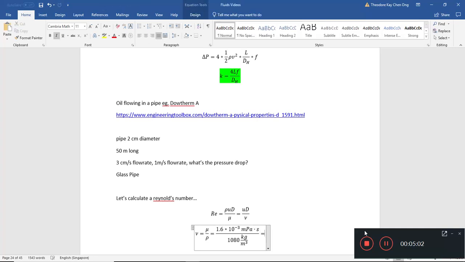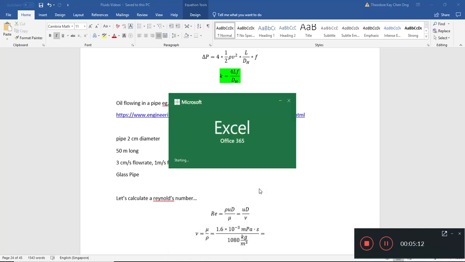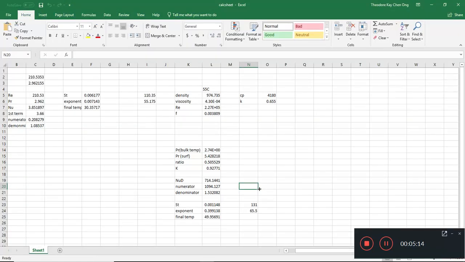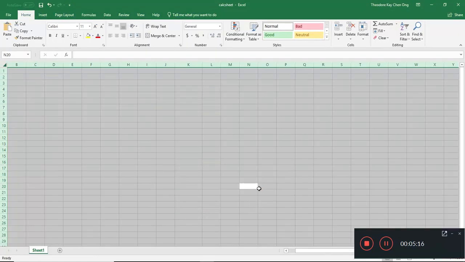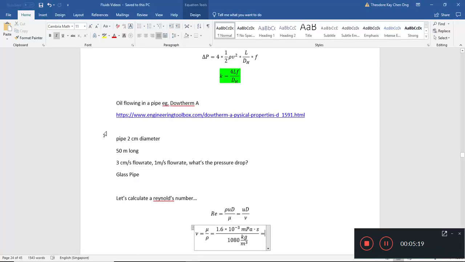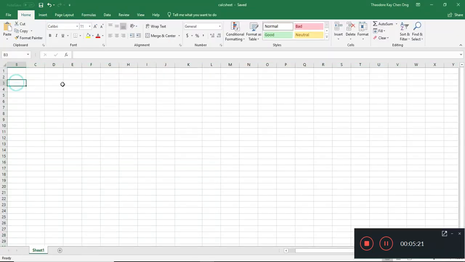So let's look at the kinematic viscosity nu. I'm just going to open Excel here to do some calculation. I'm going to delete these old calculations and let's do mu, rho, nu. What's mu? 1.6 e minus 3. What's rho? 1080 kg per meter cubed.